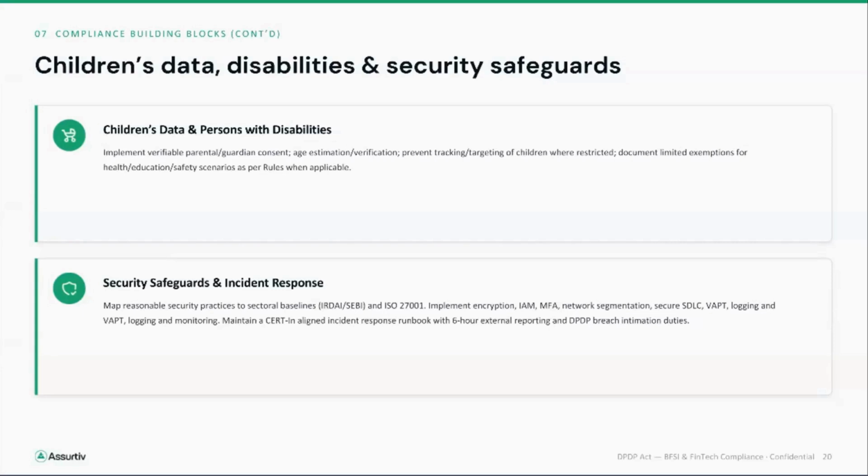Apart from that, for banking and fintech industries, RBI rules, IRDA rules for insurance, SEBI rules for stock-related companies, and RBI rules and regulations for the banking sector. So all these things will come into the picture.